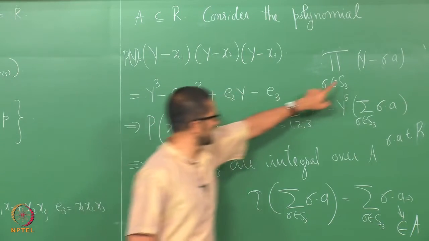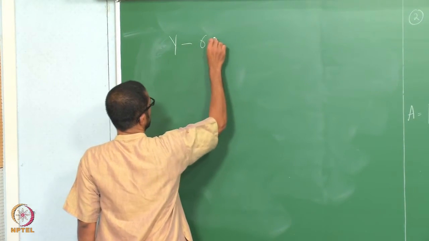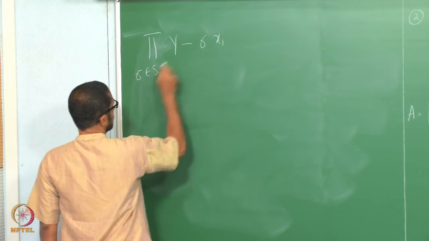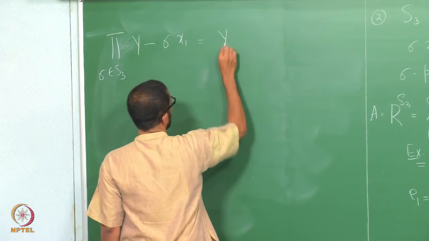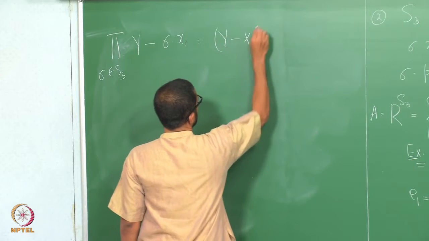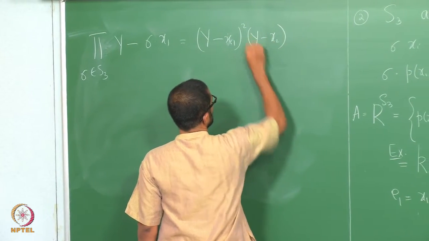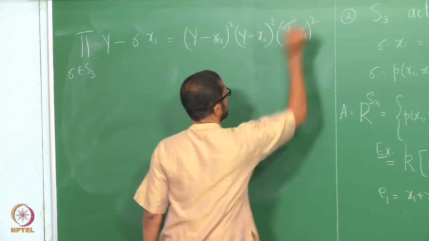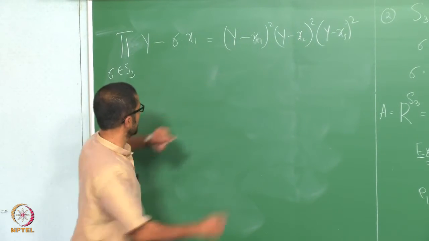See, if I take this, y minus sigma x1, product over sigma in S3, what would this be? This will be y minus x1 squared, y minus x2 squared, y minus x3 squared, because what is this?